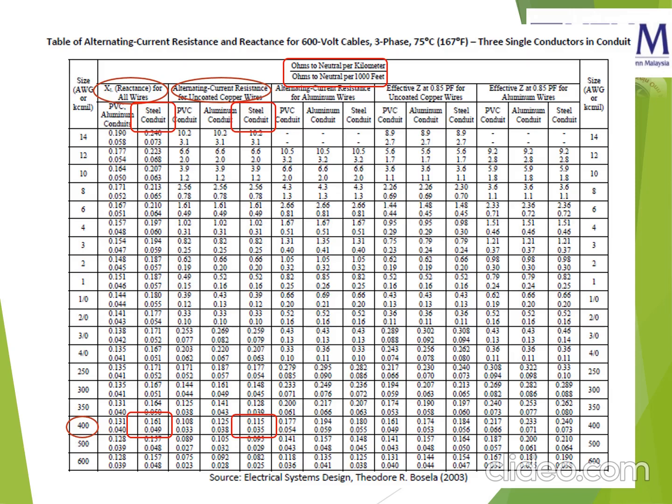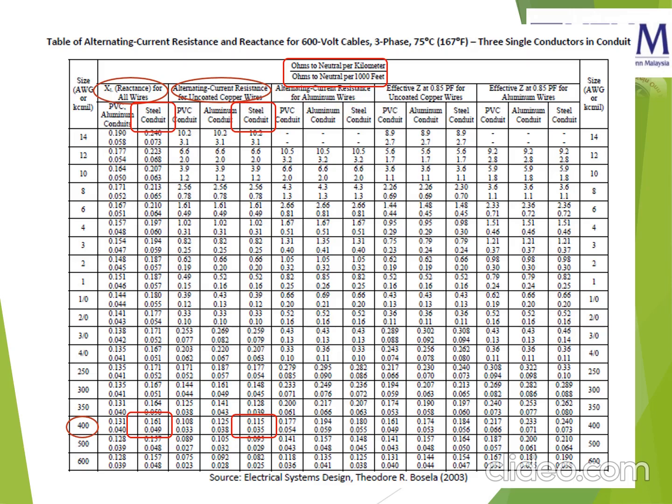And then we have to know the type of conductor to get the values of X and R. This one is the column for the X value, and this one is the column for the R value. For R there are two types, which are copper wire here, and the other type is aluminium wire.